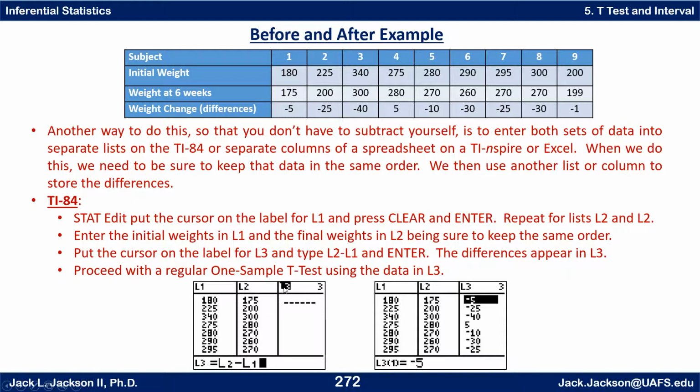Go all the way up here to make sure that's highlighted. Then just type L2 minus L1. L2 is second 2, and then subtract second 1. Enter, and notice that the calculator did all the subtractions for us and put those in L3. So that saves us having to type in all those subtractions. We do, unfortunately, have to type in all the data.